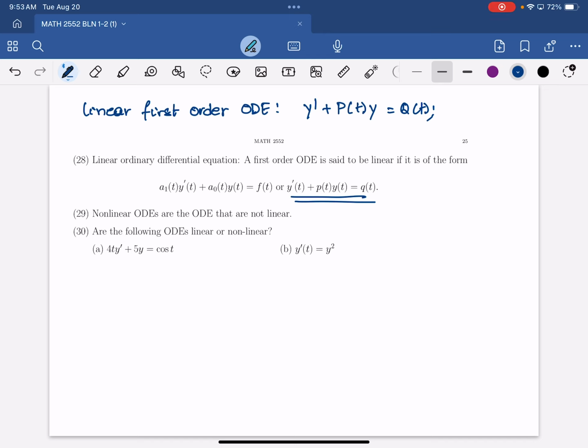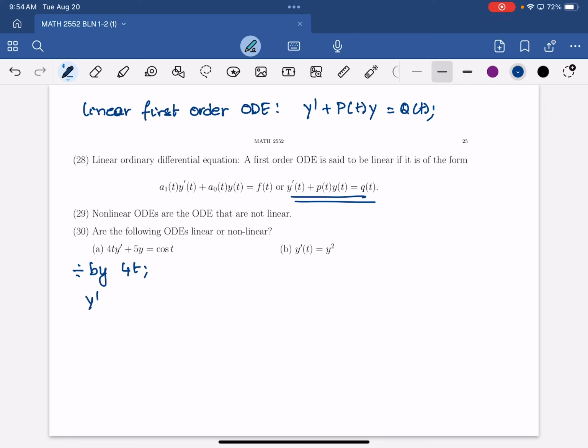Okay? So now having said that, if I look at this problem, I have 4t y prime plus 5y equals cosine t. What should I do first? Get rid of 4t. So you want to divide by 4t. In other words, you want to make the coefficient of y prime equal to 1.